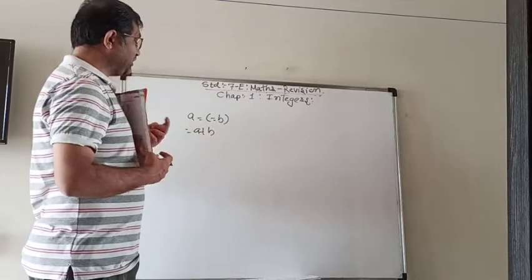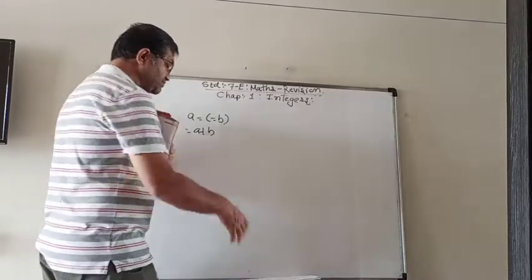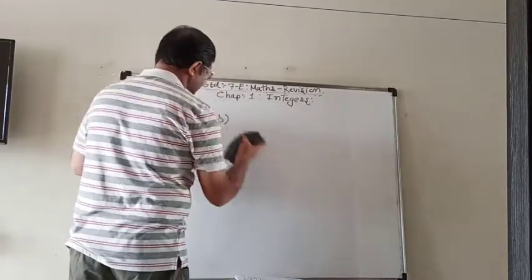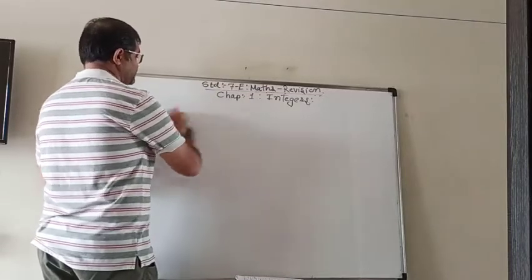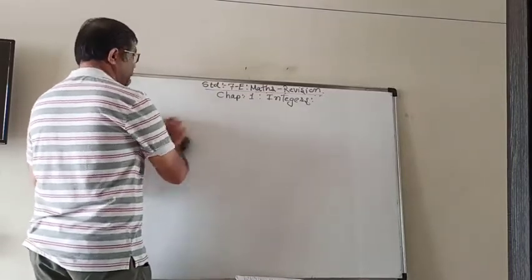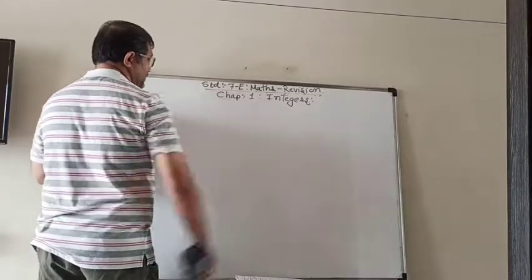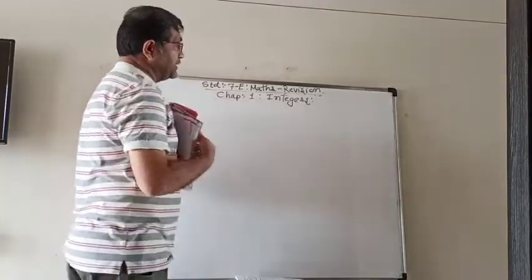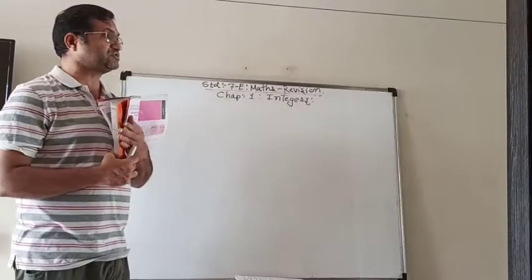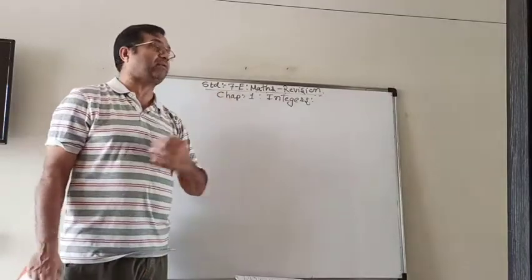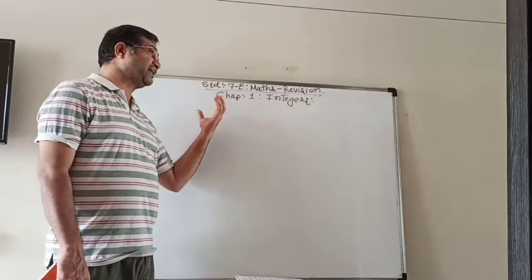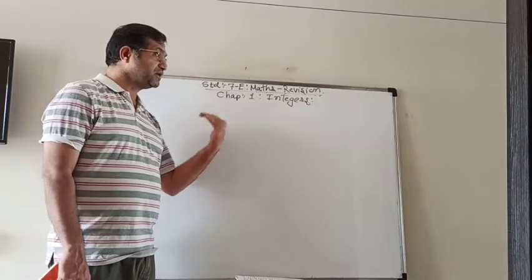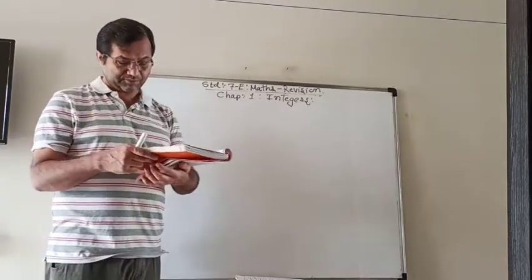Then we know that all the negative integers are smaller than the positive integers and 0. And on the number line, when two numbers are there, the number which is to the right of the other number is greater, and the number which is to the left of the other number is the smaller number.